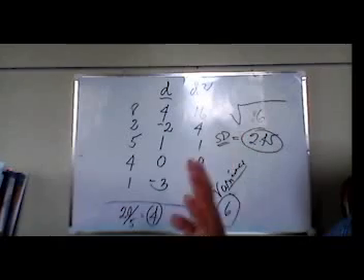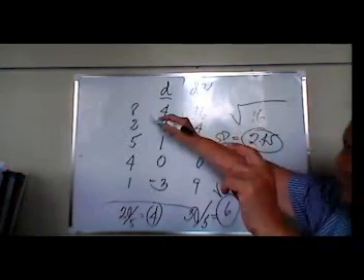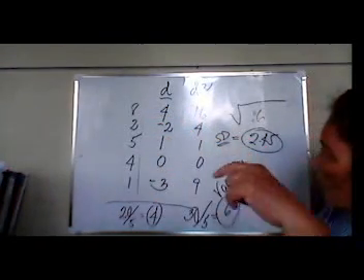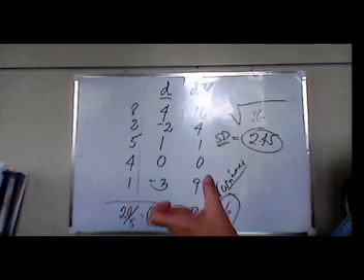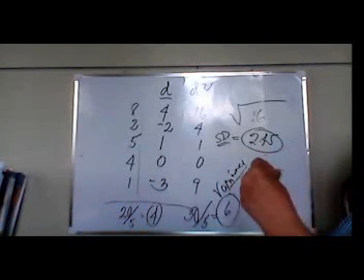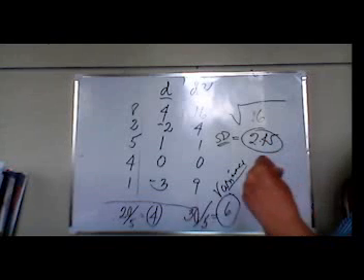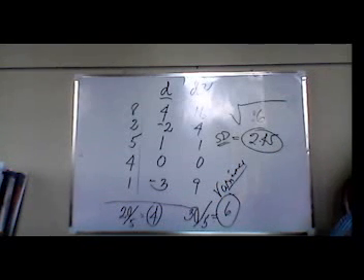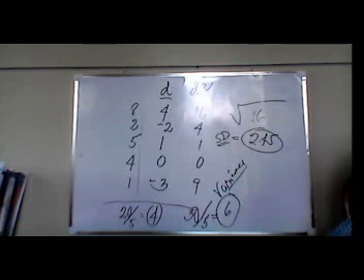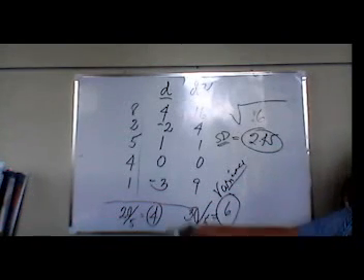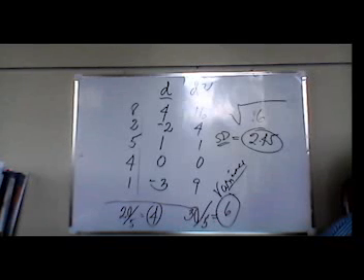Ibig pong sabihin nito ay this set of scores, 8, 2, 5, 4, 1, deviates from the mean 2.45 on the average. So, may deviation po from the mean by 2.45 points. As against kanina na illustration ko, walang deviation na 0.